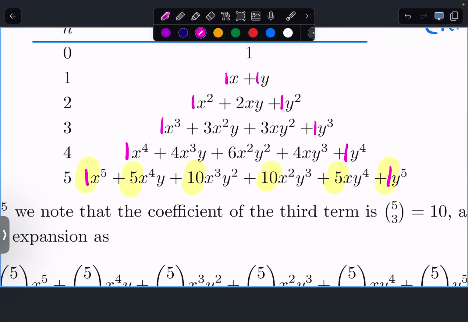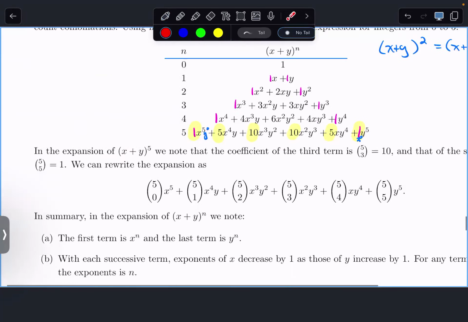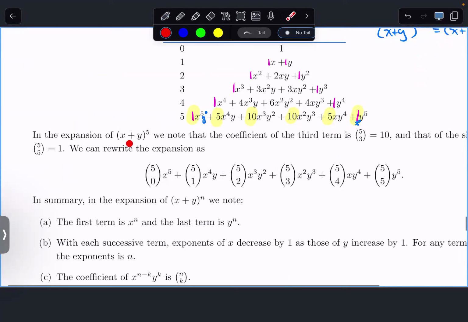Notice also y to the power of 0, but anything to the power of 0 is 1, and here we have x to the power of 0, which we don't write. It's kind of hidden. And so we've got this pattern, which we can leverage. So (x + y) to the power of 5 expands like this.